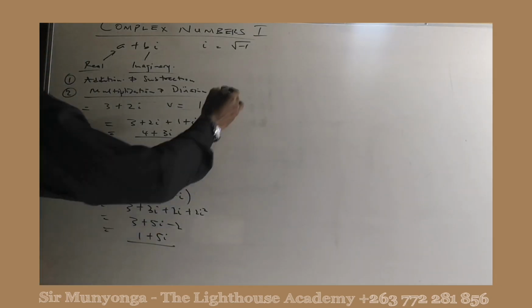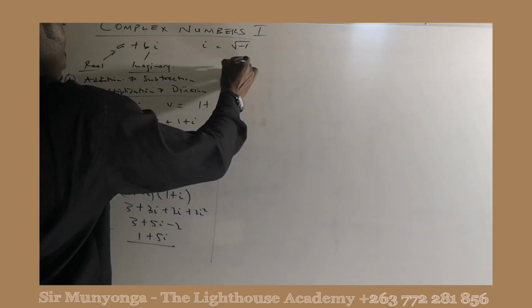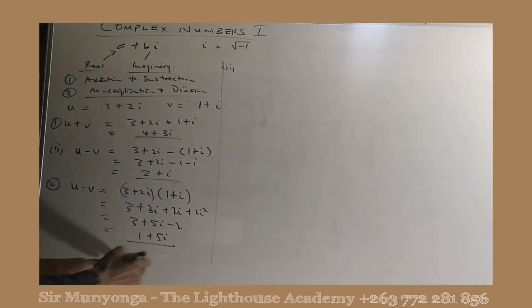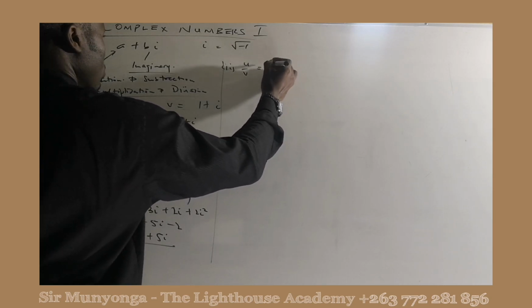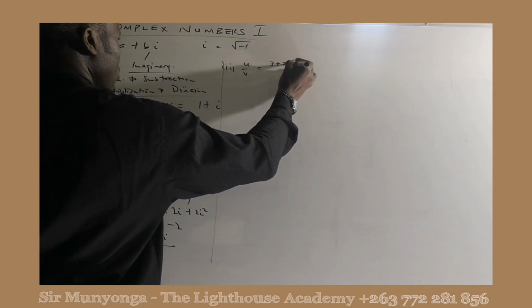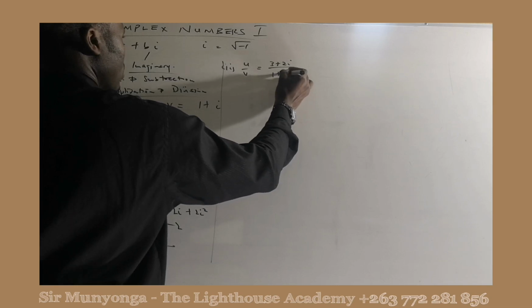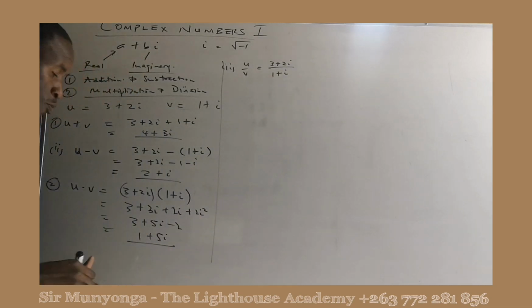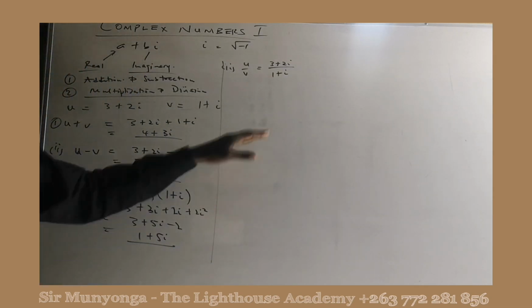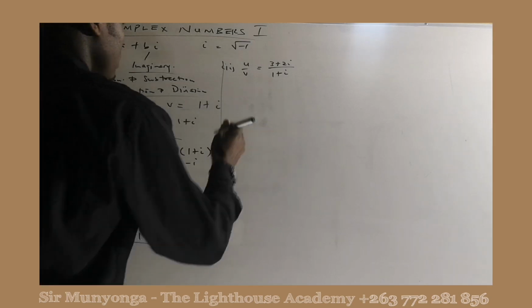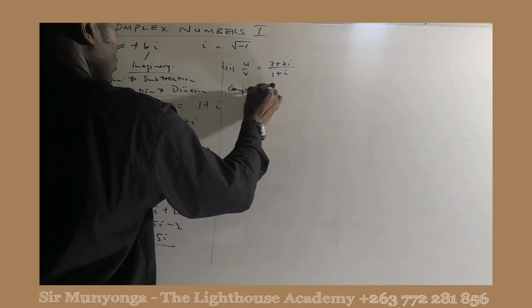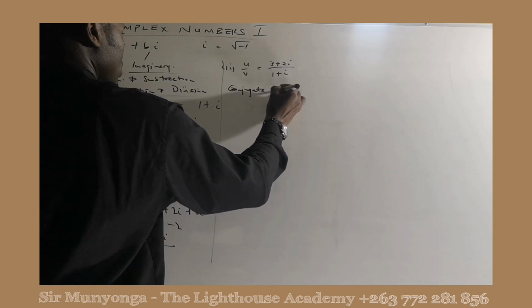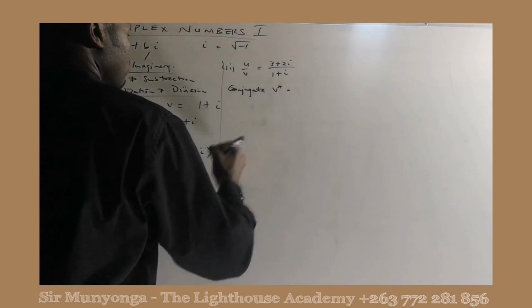Division, number 4. So u over v will be equal to 3 plus 2i over 1 plus i. For us to divide complex numbers, we use what we call a conjugate of the denominator.